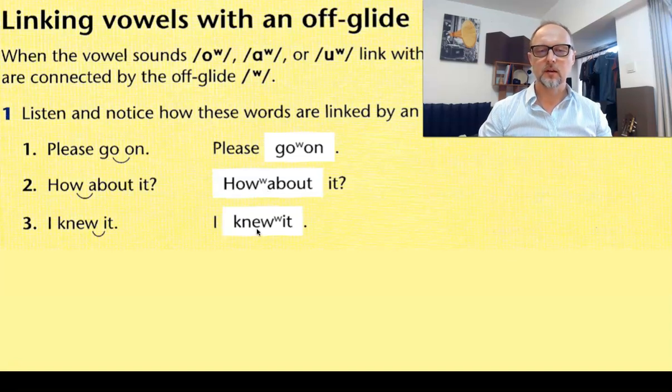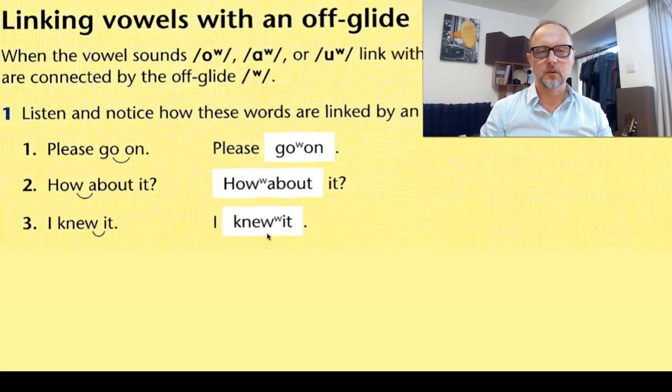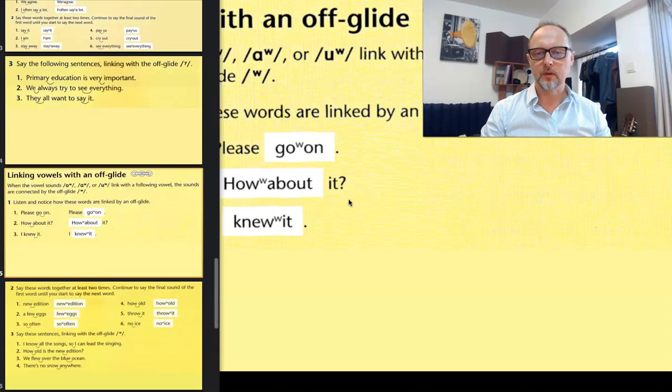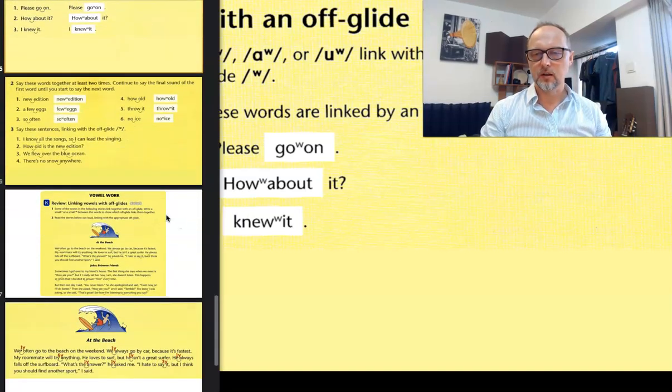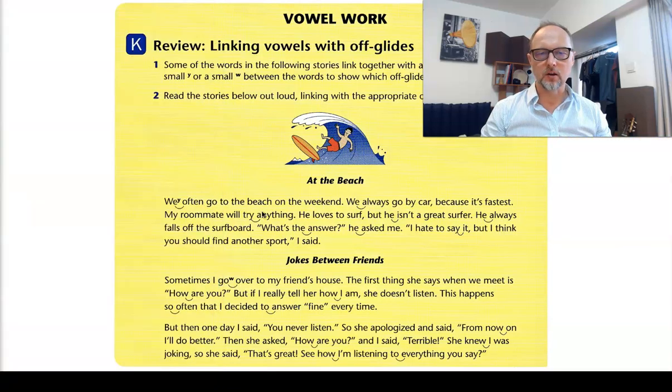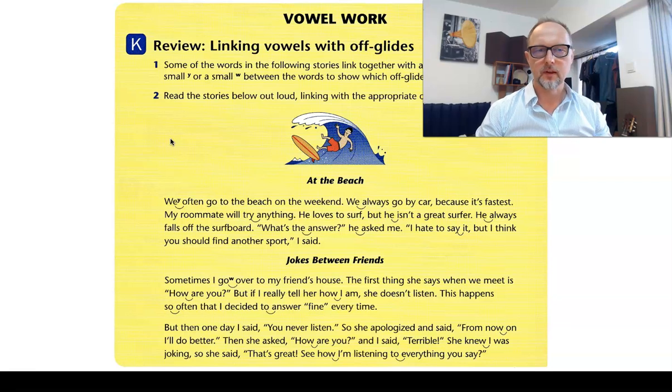And knew it. Ooh, knew it. The w continues to the next word. So we're gonna practice this dialogue. So let's go to the quiz, and I'll get you guys to think about which words in the quiz are linked.